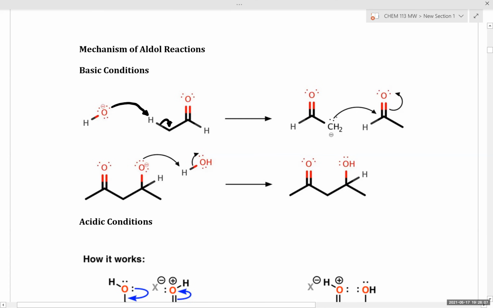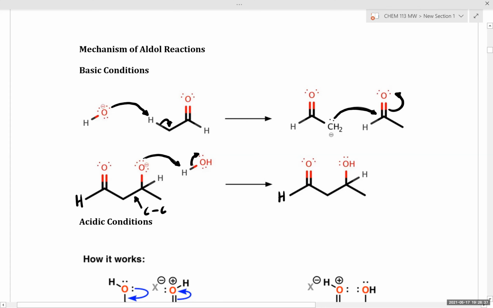From here, your enolate can attack an electrophilic carbonyl of an added ketone or aldehyde to make your desired aldol product. So we formed this carbon-carbon bond, and then after protonation of our generated alkoxide ion species, we've generated this beta hydroxy ketone compound.